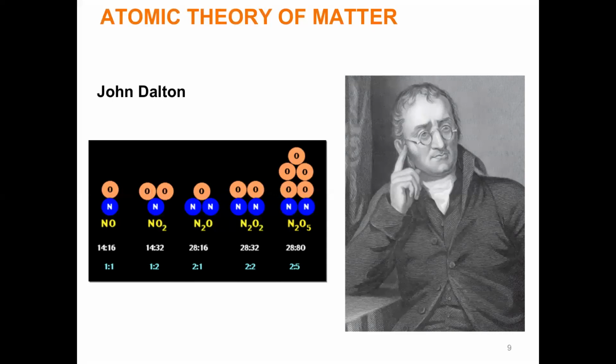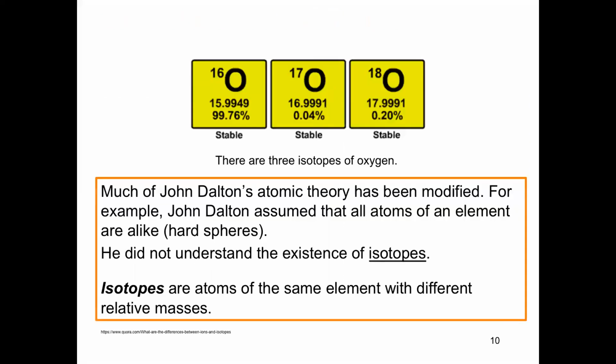Now, where he was a little off is that he didn't know about isotopes, and we're going to talk about them later. Basically, different atoms of an element, such as oxygen, as you can see here, can have slightly different masses, because there are different numbers of neutrons in these different oxygen atoms.